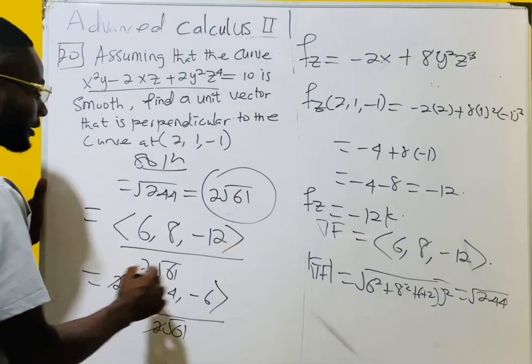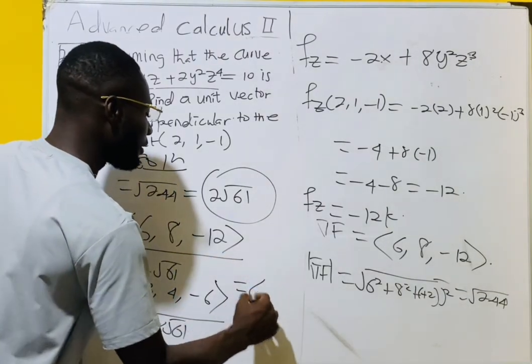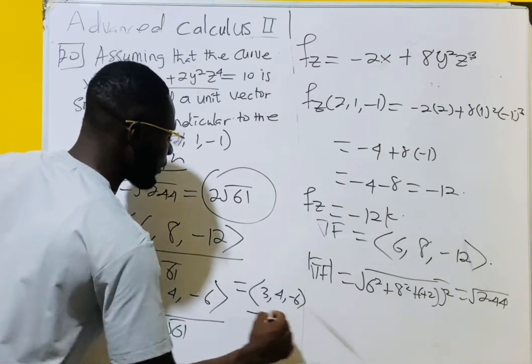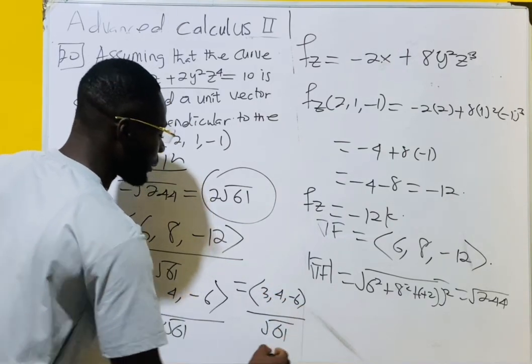So this cancels this, and we're going to have (3, 4, -6) all over square root of 61.